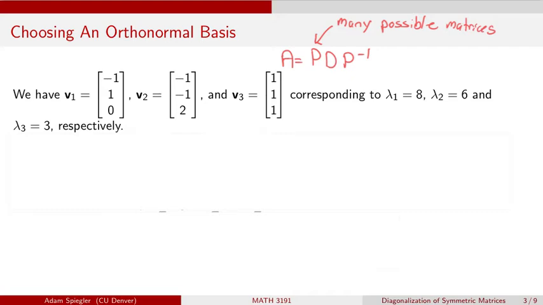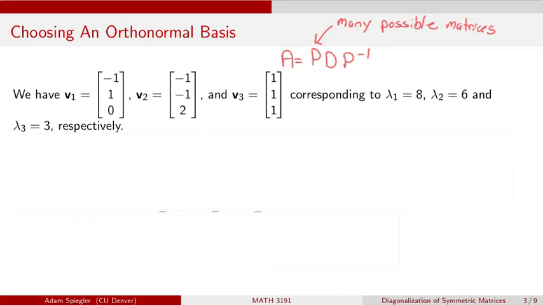These three vectors we could use to form a matrix P that will help us diagonalize matrix A. But for each of these eigenvalues, we have many different choices of eigenvectors. Any scalar multiple of these vectors I could use to construct some other matrix P that would also diagonalize this matrix. So this diagonalization process is not unique.